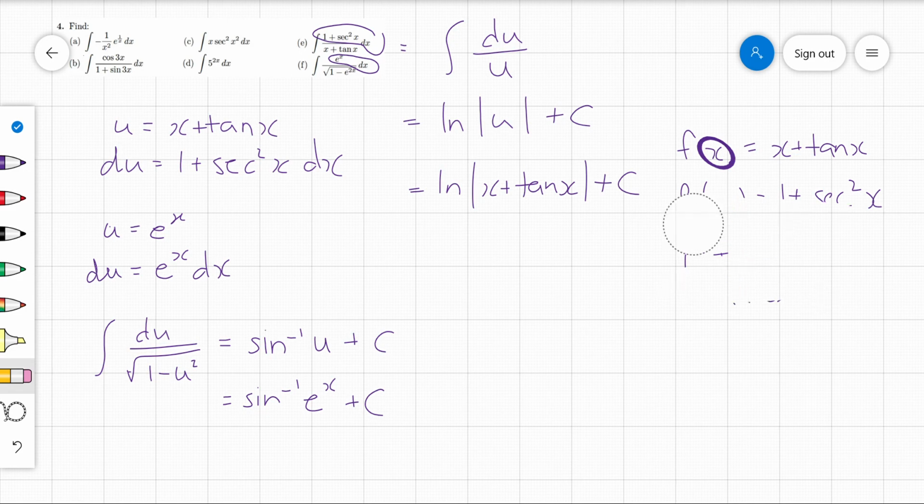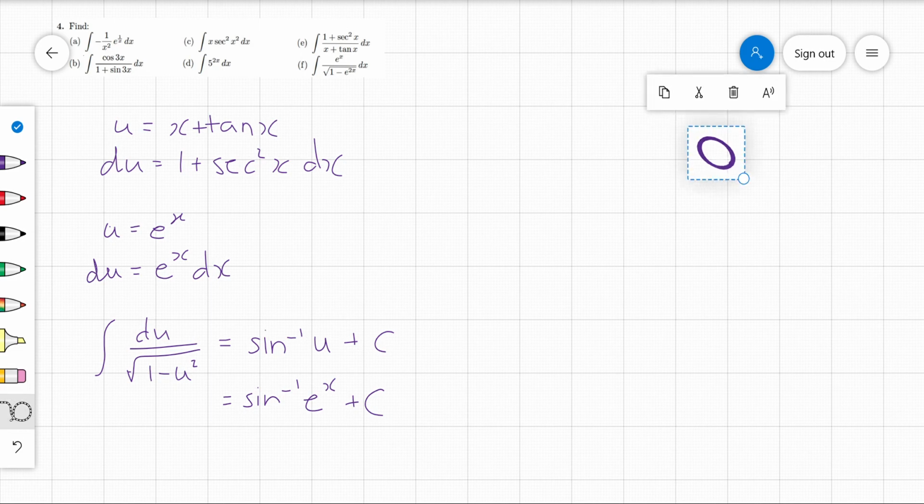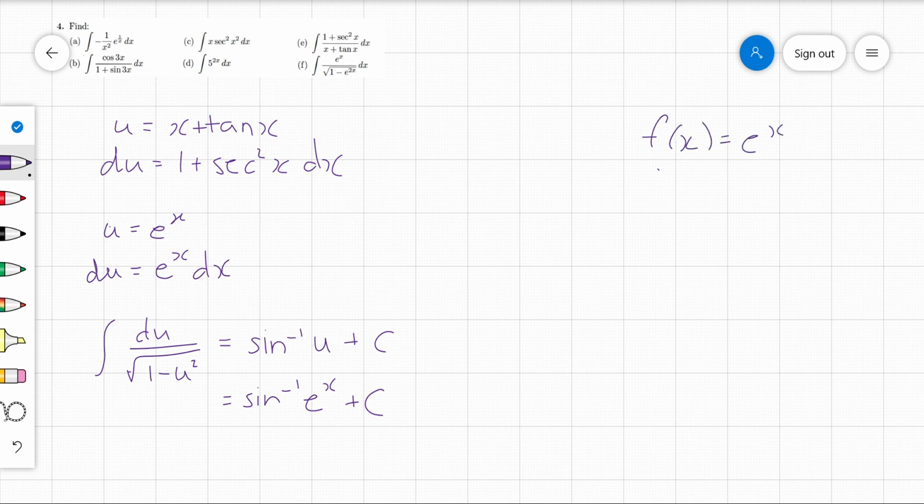If I was looking at it using f of x's, let's have a look here. I would have made f of x equal to e to the x, and f dash of x would also be e to the x. So my integral would become f dash of x on the square root of 1 minus f of x all squared.